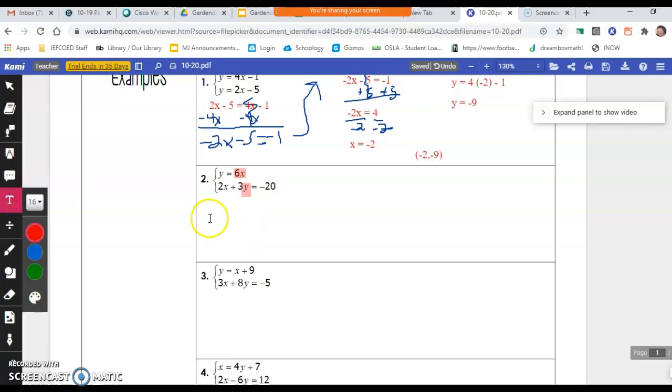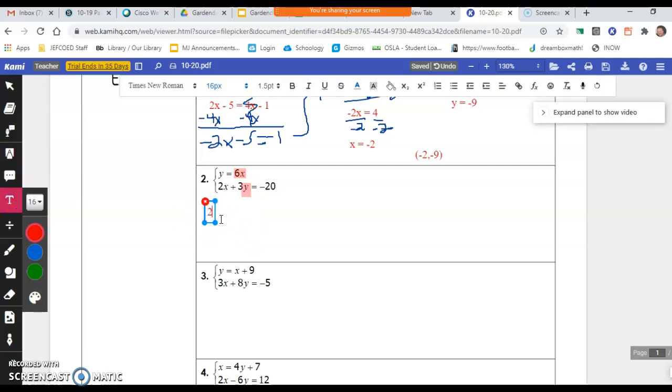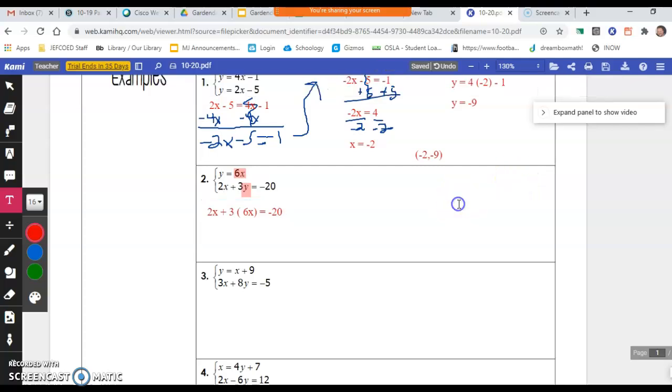Okay, so what we'll end up having is 2x plus 3 parentheses 6x, close the parentheses, equals negative 20. Okay? So we didn't have to simplify, we didn't have to move, we didn't have to put in slope-intercept form, we didn't have to do any of that. Make it easier for you.